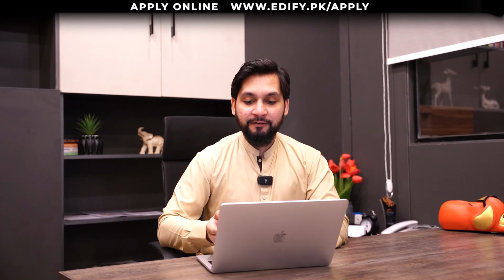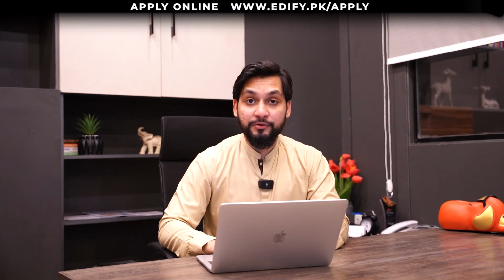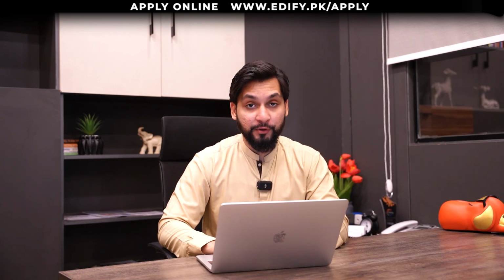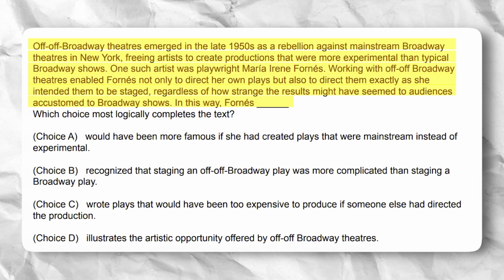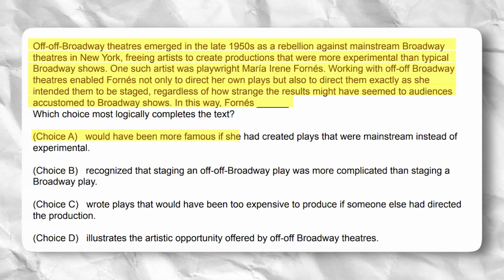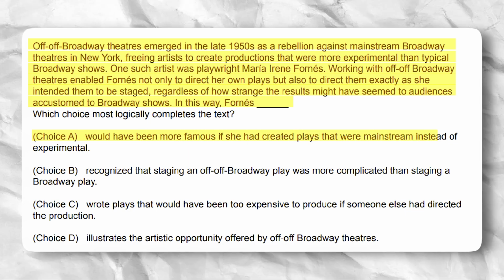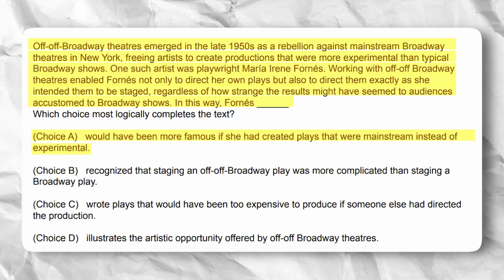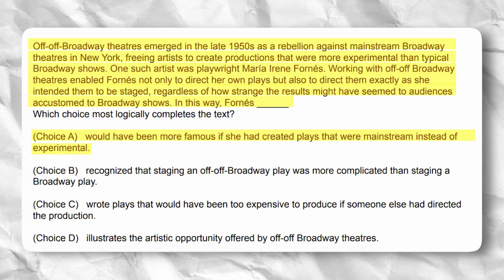Now that we have identified the main thesis statement, we will read out the options and we'll try to relate which is the best suitable option in this case. Choice number A would have been more famous if she had created plays that were mainstream instead of experimental. It's not about being famous, it's about experimenting new things and trying out new things, so we can minus the A option.